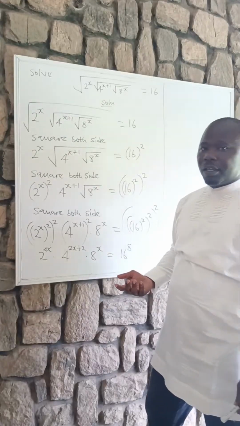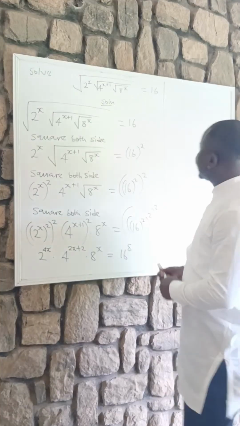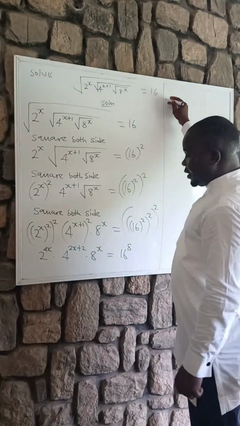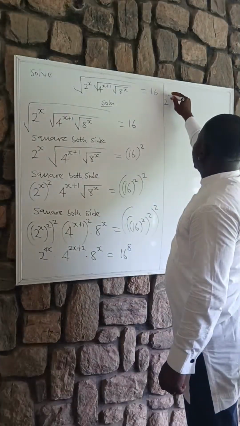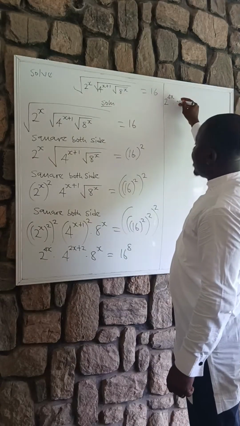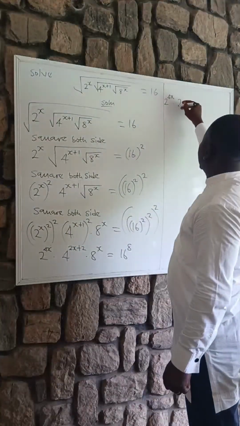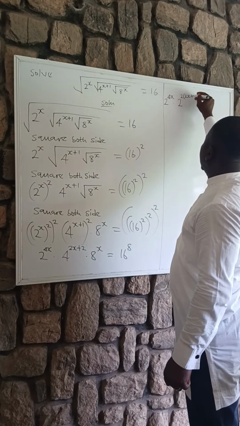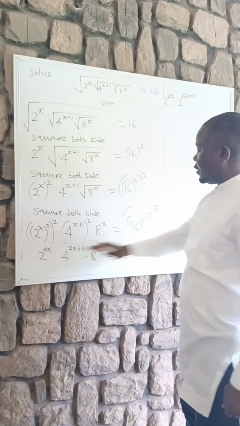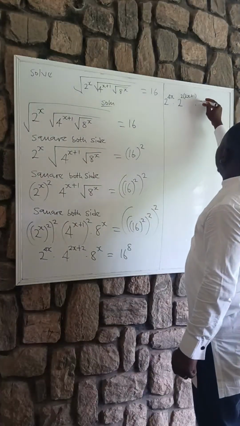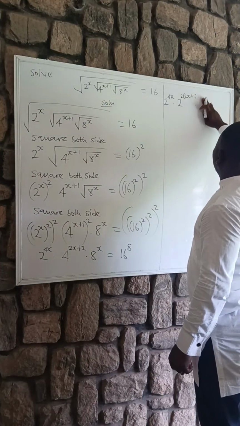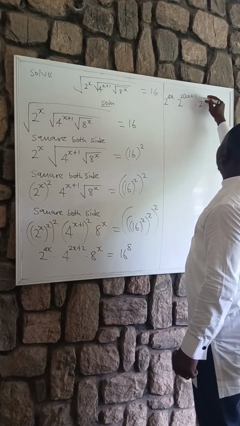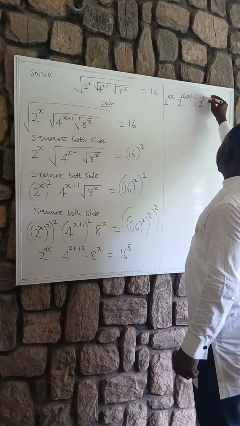True or false? So this is the same thing as 2 raised to the power of 4x times 2 raised to the power of 2 open bracket 2x plus 1, true or false. Then times 2 raised to the power of 3x.